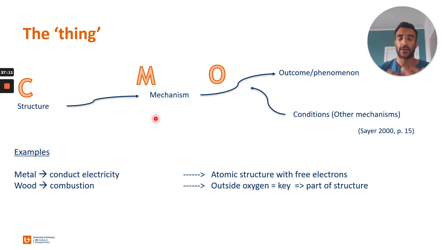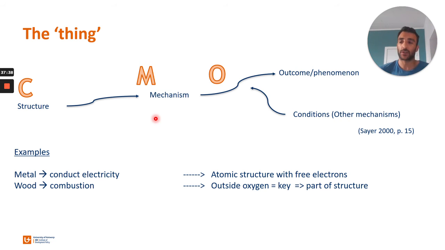If we look at wood and the mechanism of combustion, or the power of combustion, we see that outside oxygen is crucial for combustion. When we think of combustion, oxygen takes a central part, but oxygen is not necessarily within the wood. Oxygen is outside. So even though it is key, and we would think that it's part of the structure that possesses that mechanism, it's not part of the actual object we're talking about.